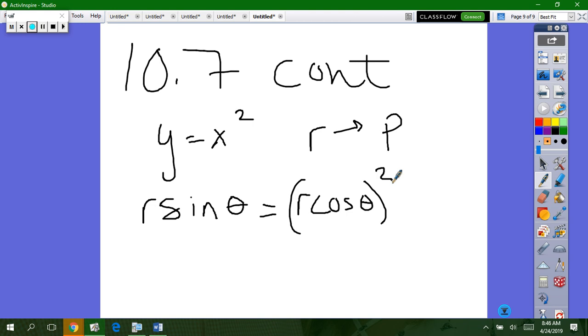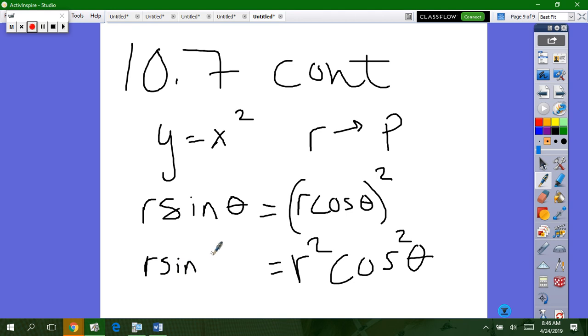So a lot of times we just substitute. What else do we know, by the way? X squared plus y squared is r squared, right? So here we have r squared cosine of theta equals r sine of theta.